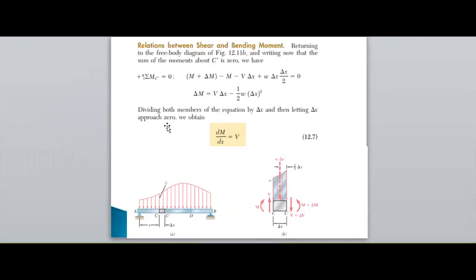Now, balancing the moments. Here, M plus delta M is one moment and M is another moment, and V into delta x, with its distance delta x by 2.